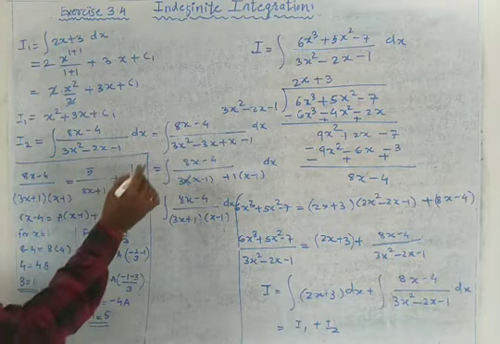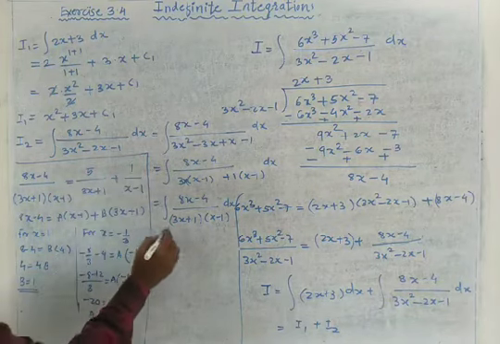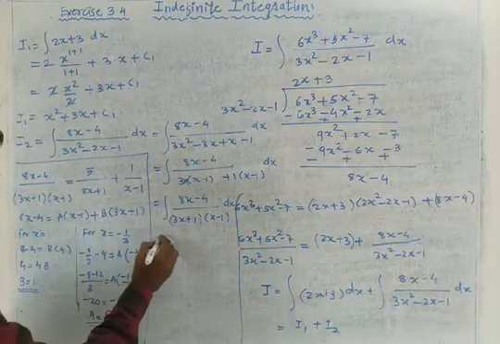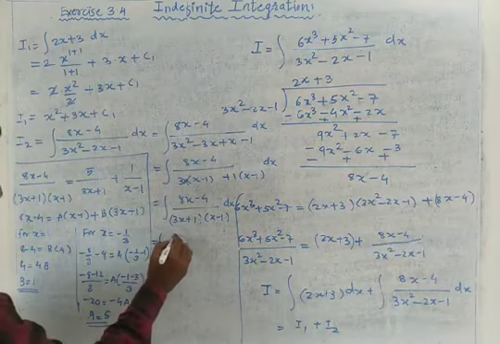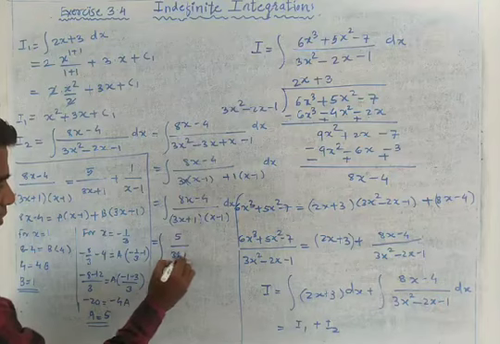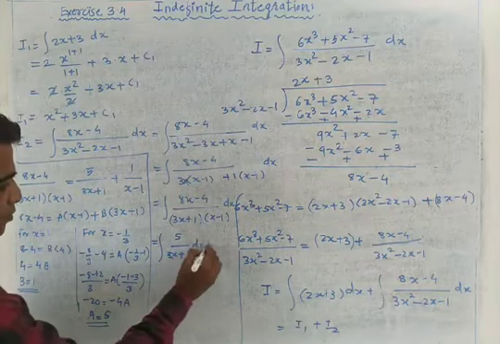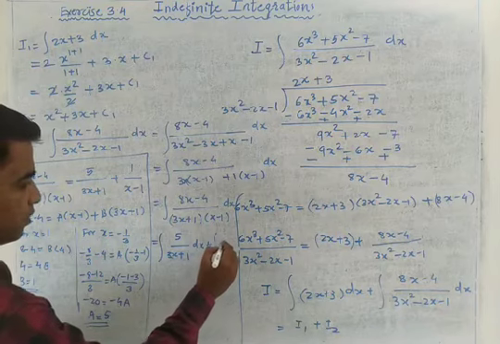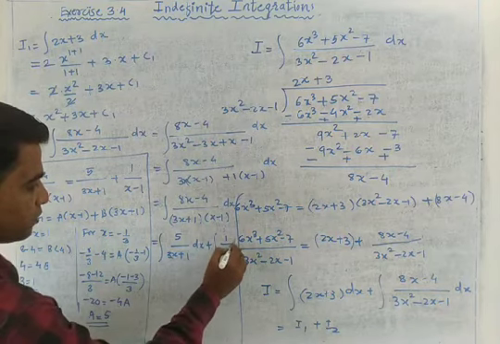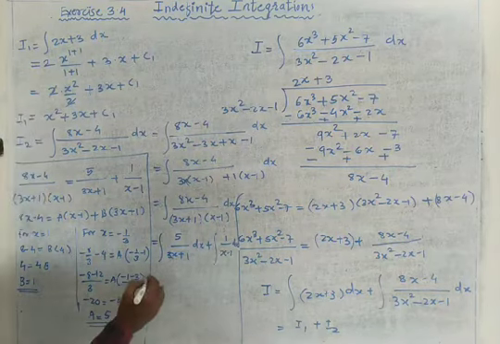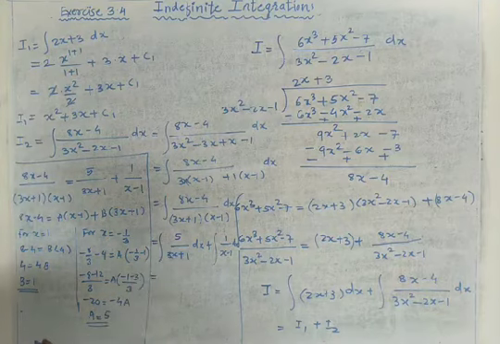We resubstitute and rewrite at integration I2. So integration of 5 upon 3x plus 1 dx plus integration of 1 upon x minus 1 dx. Now x having power 1, it means we are going to use the 1 upon x formula.